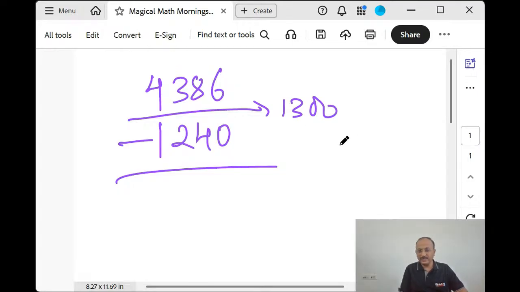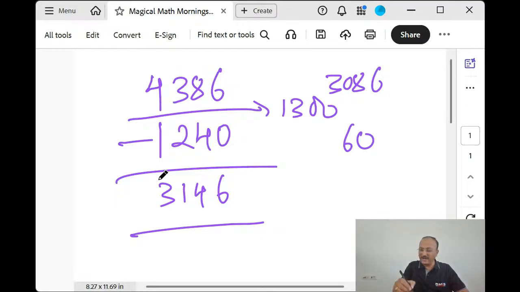So what we get here, it is only 60 less than this, and this is 1300. It is 3086 bigger than 1300, correct? So just adding this, 3146. Just to practice a little bit. 2-digit numbers and 3-digit numbers also you can do very easily. So practice this method, which is going to make your subtraction very easy.